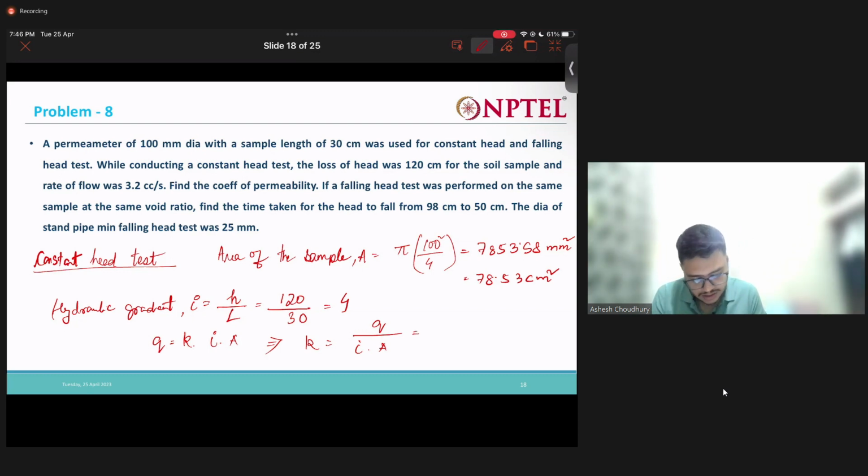So Q is, how much is the Q? 3.22. So Q is what? Capital Q is the volume and the small q is the flow, right? What is I?